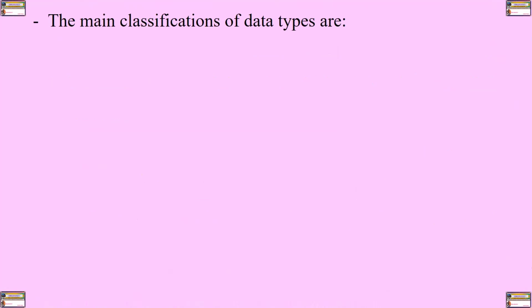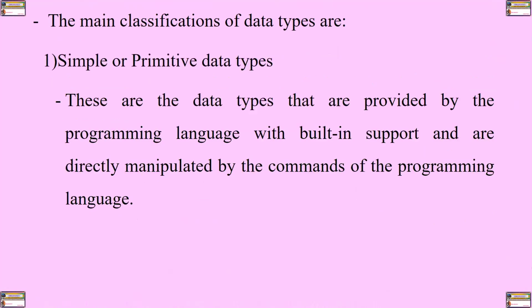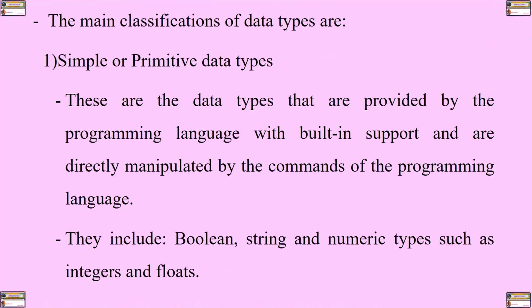The main classifications of data types are simple or primitive data types. These are the data types that are provided by the programming language with built-in support and are directly manipulated by the commands of the programming language. They include Boolean, string, and numeric types such as integers and floats.